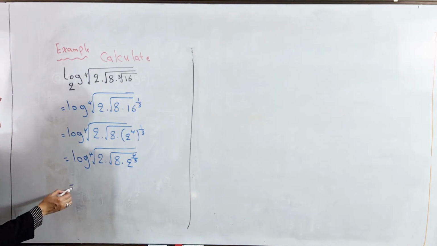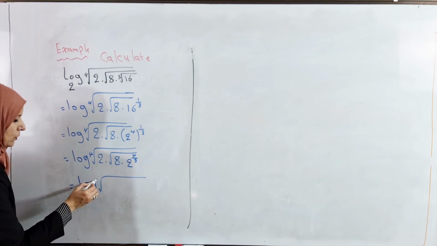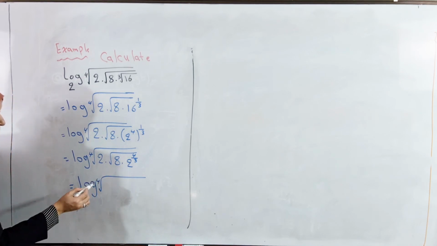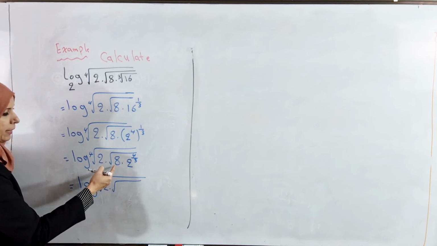We can write it by logarithm 4th root and 2 multiplied by square root 8.